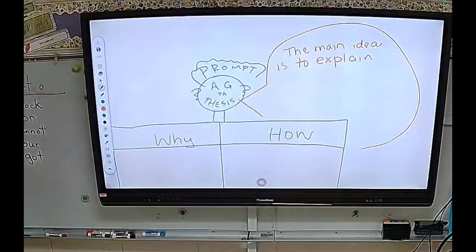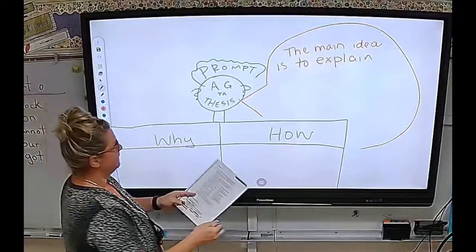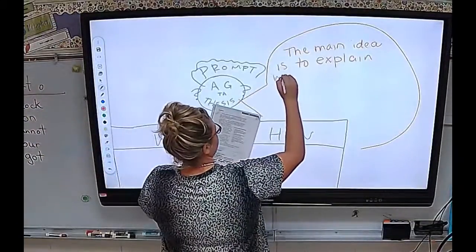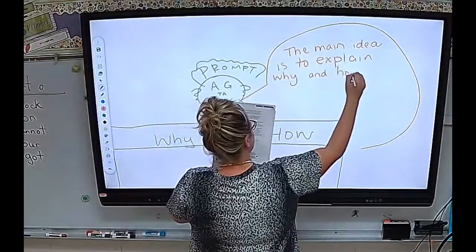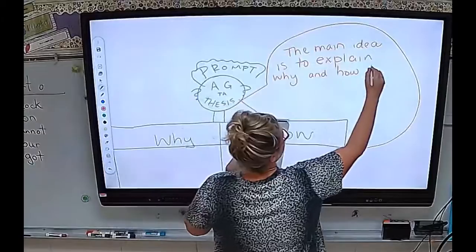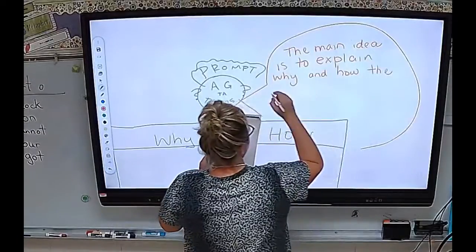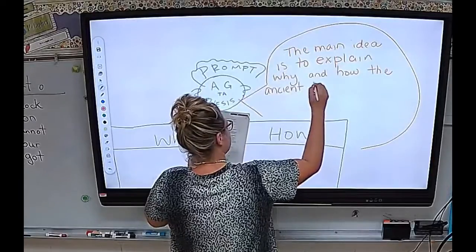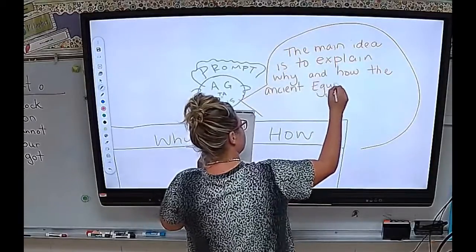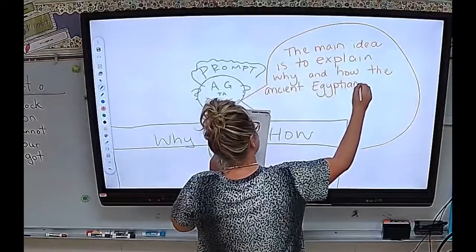Look at our prompt. Explain why and how the Egyptians. Capital letter, y'all. A sentence starts with a capital letter. Where's the author?